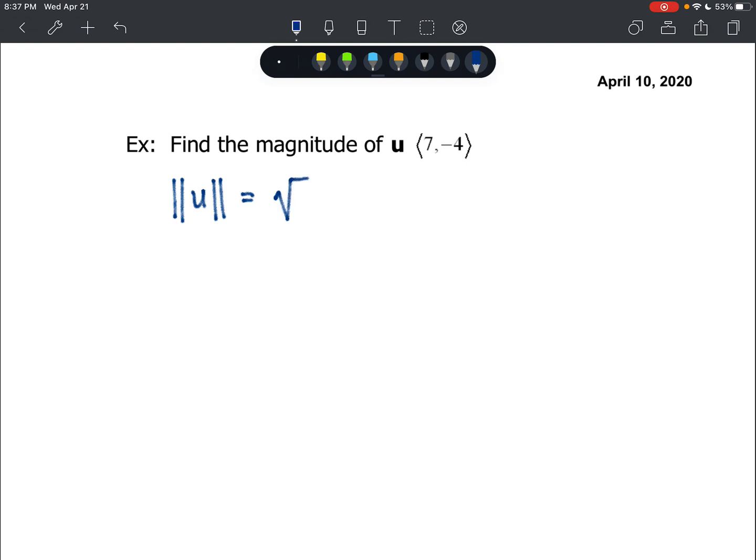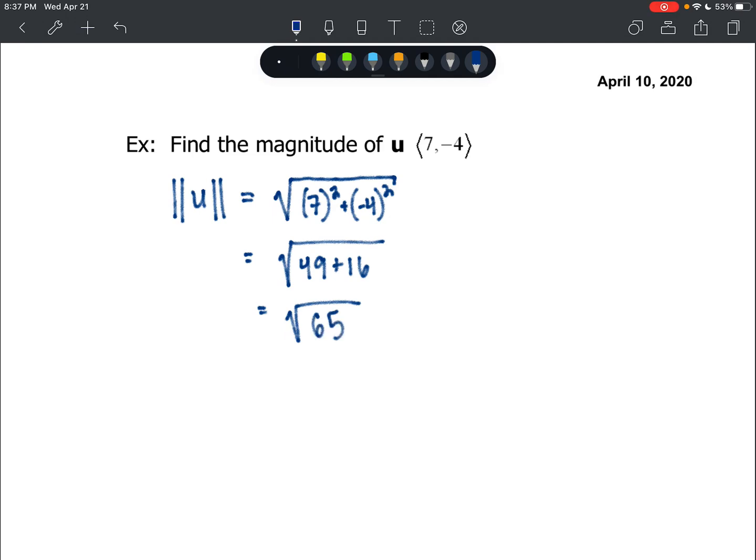It's equal to the square root of 7 squared plus -4 squared, which is the square root of 49 plus 16, which is the square root of 65. And 65 does not break down, so this is an exact value.